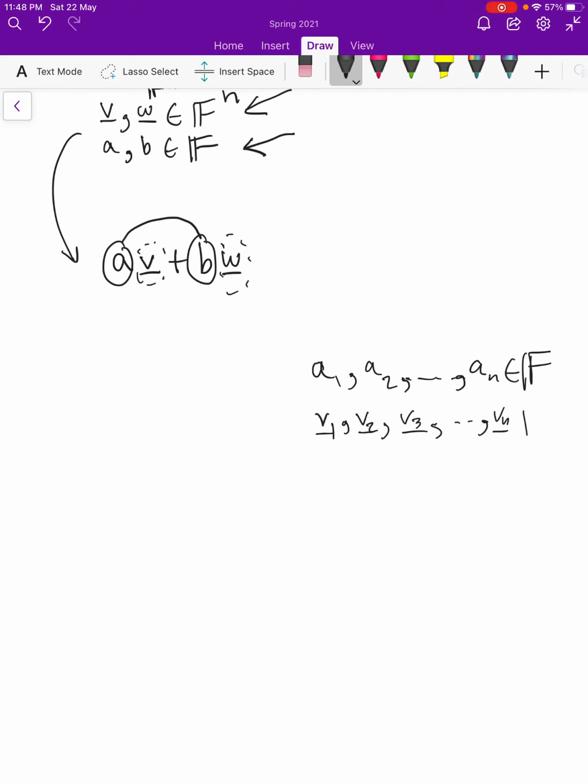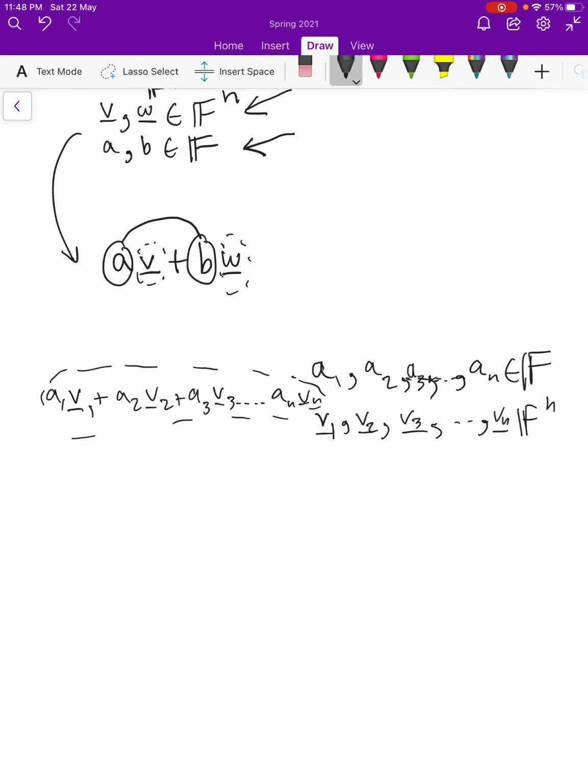It's inconsistent, I'll just add a3 to make it more consistent. Okay, well then, a linear combination can be just a1v1 plus a2v2 plus a3v3 up to anvn, and you get the point. This is a linear combination of all these different things.